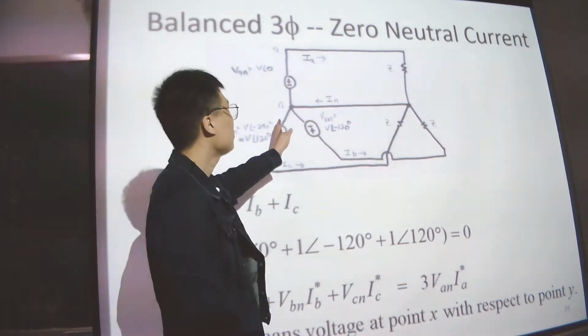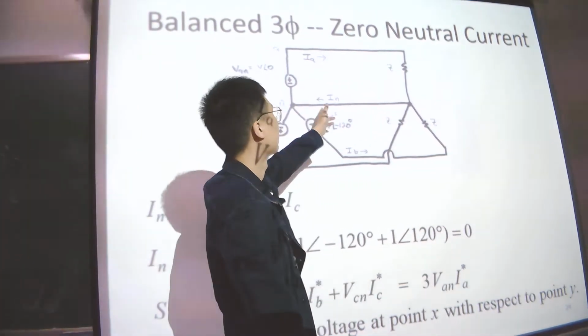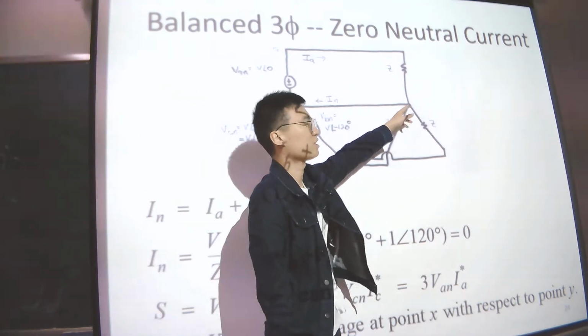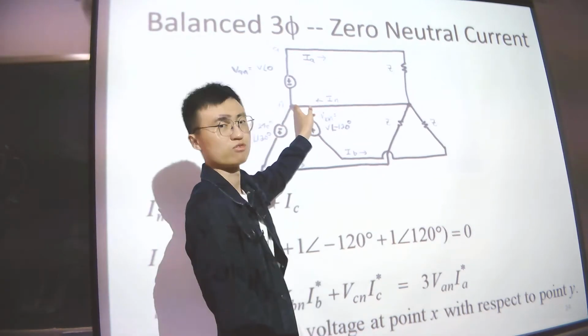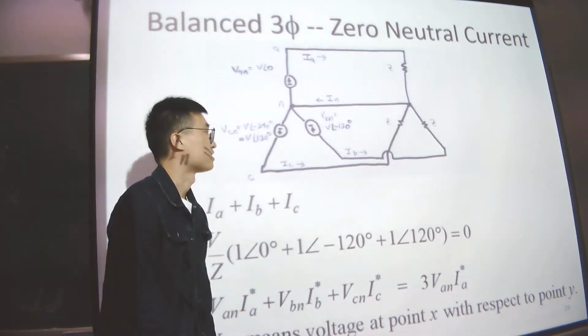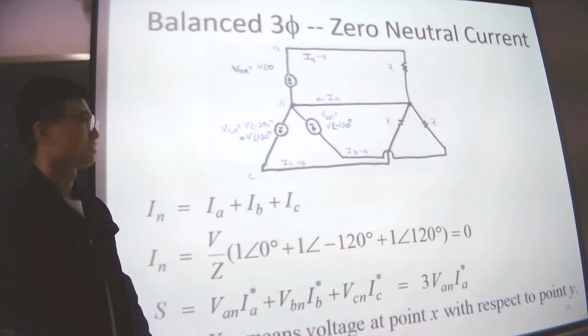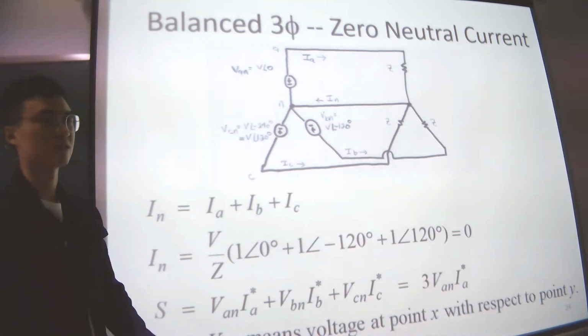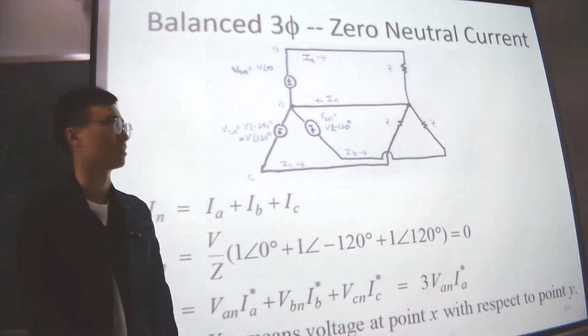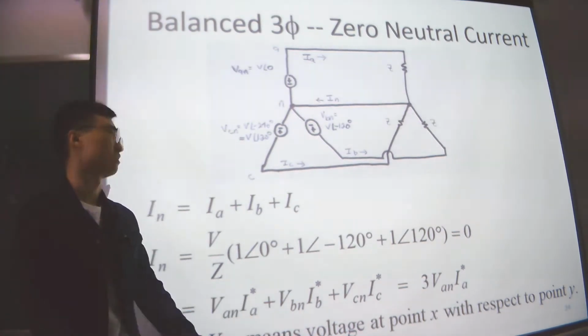And this is the neutral current, the neutral connection, the connection between these neutral points, right? The neutral point can only appear in the Y connection, and in the delta connection there will be no neutral current or no analysis of this.